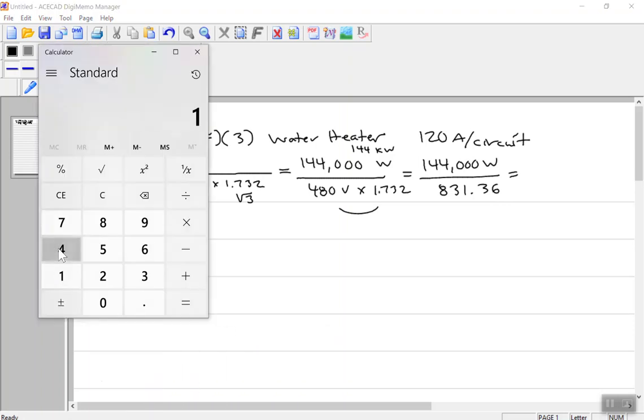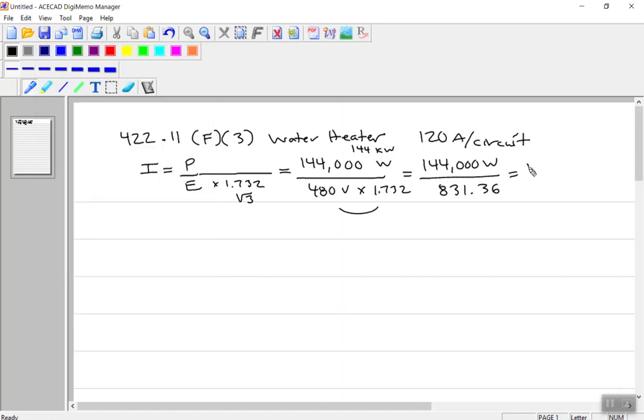The 144,000, just basic calculator math, divided by 831.36 equals 173.2 amperes.